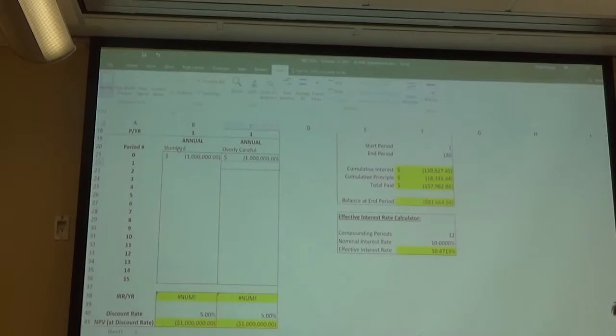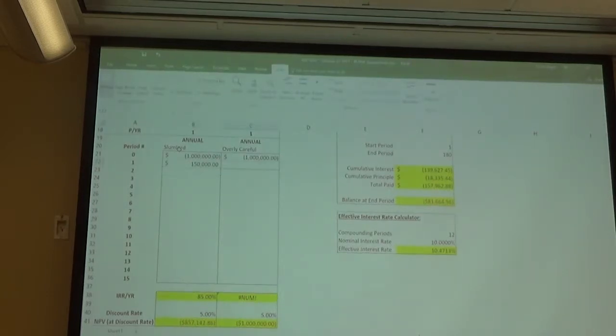Now, in essence, we could come in here. Initially, we might say, okay, 150,000. Over here, let's say 150,000, just for the moment.